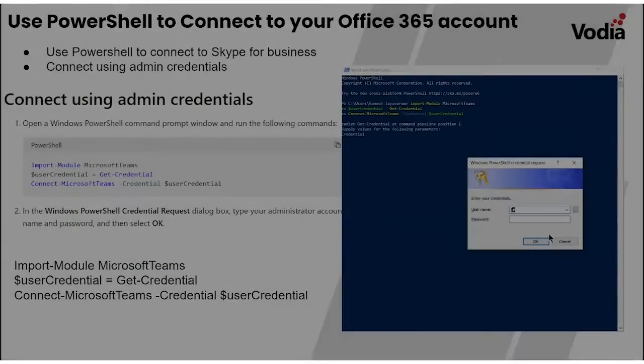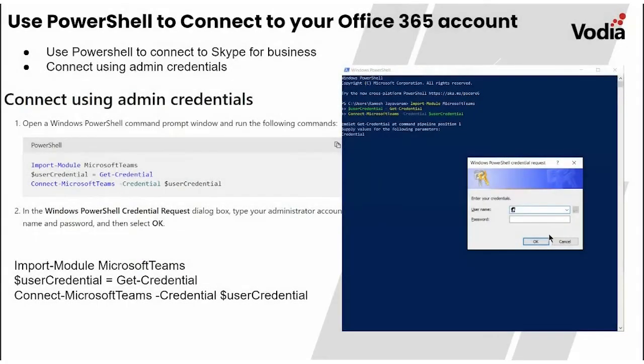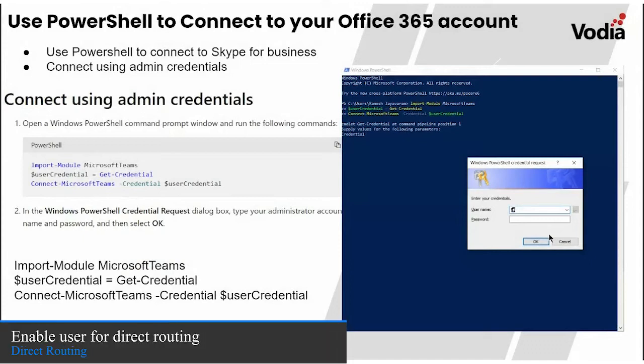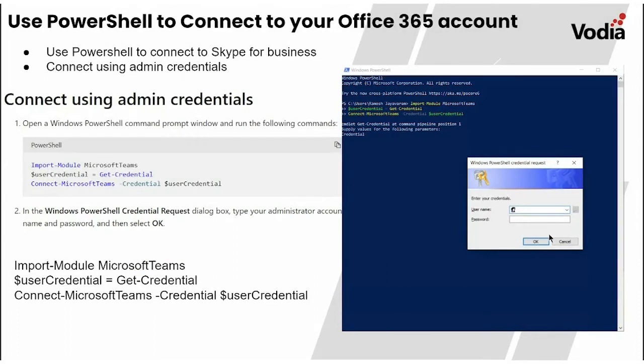Using PowerShell to connect to Office 365, what we're really doing is connecting to Skype for Business. That's the engine that runs everything for Teams. When connecting, it is important that whoever is the administrator, or if you have been assigned to be an administrator, you will need the credentials. As you can see in the pop-up here, you have to enter the credentials to make the changes you want.